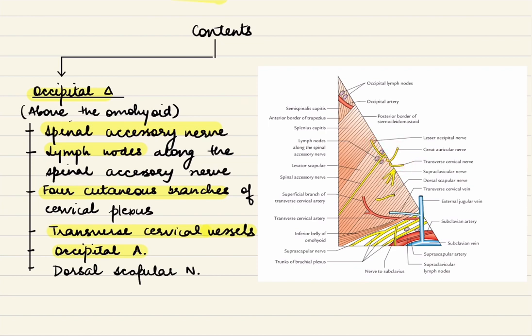So the initial parts of all the four nerves are also in the occipital triangle, and it also contains the transverse cervical vessels and the occipital artery superiorly. And there is also the dorsal scapular nerve in this region.